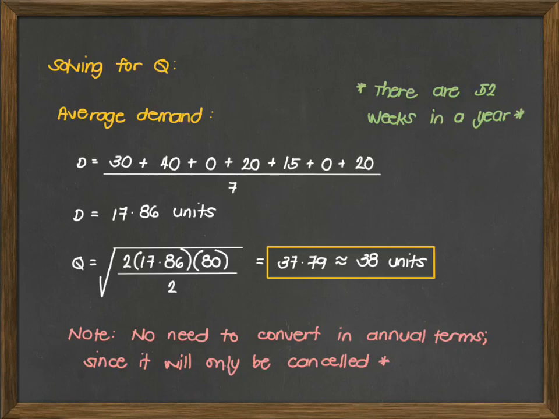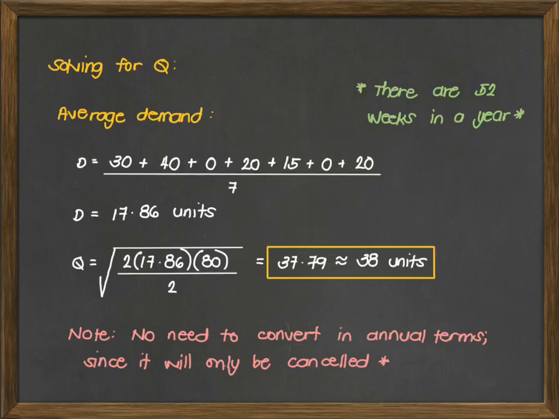So, kapag kinonvert ko yung aking demand into annual, kasi diba in inventory management system, nasanay tayo that the Q value is using an annual demand and yung ating holding cost is per unit per year. So, kaya kung i-convert man natin yung D at yung H into annual terms, wala naman siyang magiging effect kasi if you multiply the numerator by 52 and you multiply the denominator by 52, so canceled lang naman sila. So, kaya okay lang siya.